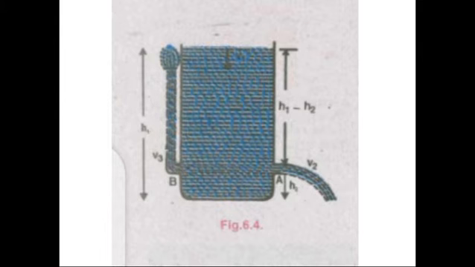The fluid speed at the upper surface is represented by V1, the fluid speed through the small orifice A is represented by V2, and the fluid speed through orifice B is represented by V3.